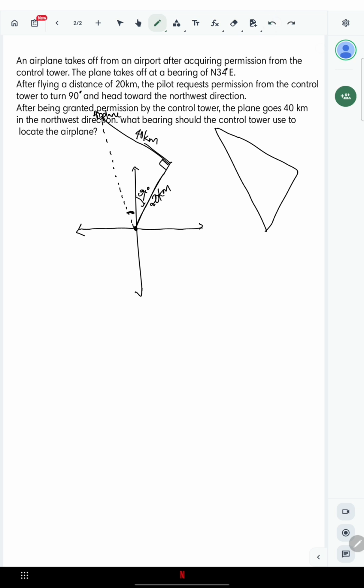Kasi, yung isa ay 34. Yung isa ay hindi natin alam. Tama ba? But this one, we know that this is 20 kilometers. This is 40 kilometers. This is the 90 degrees.